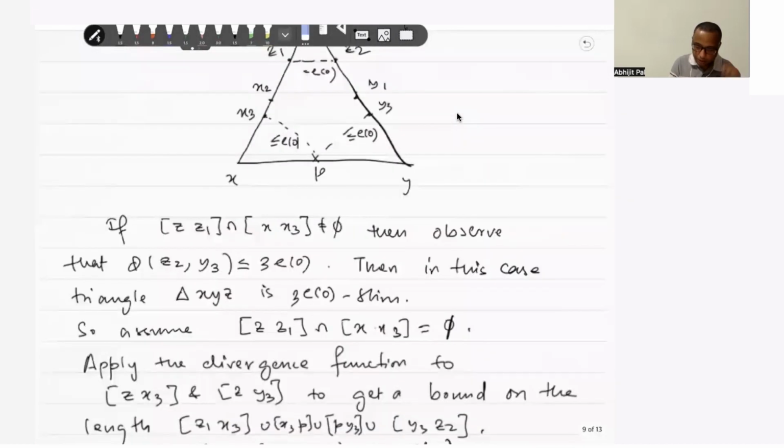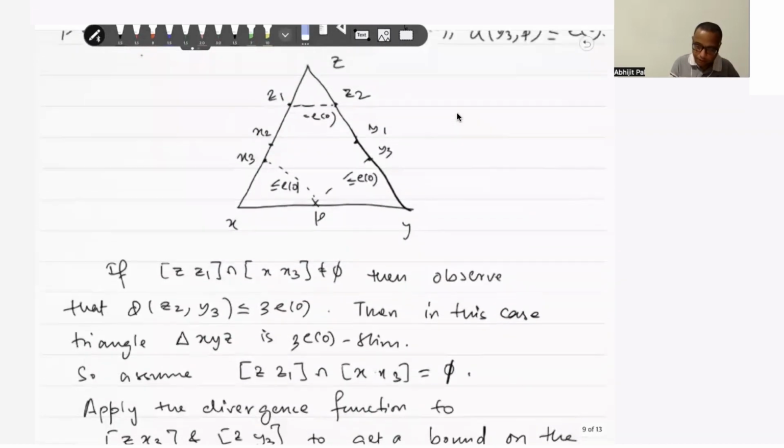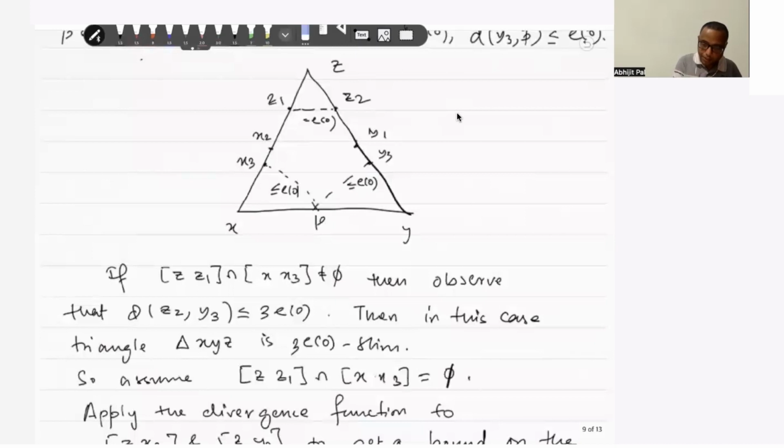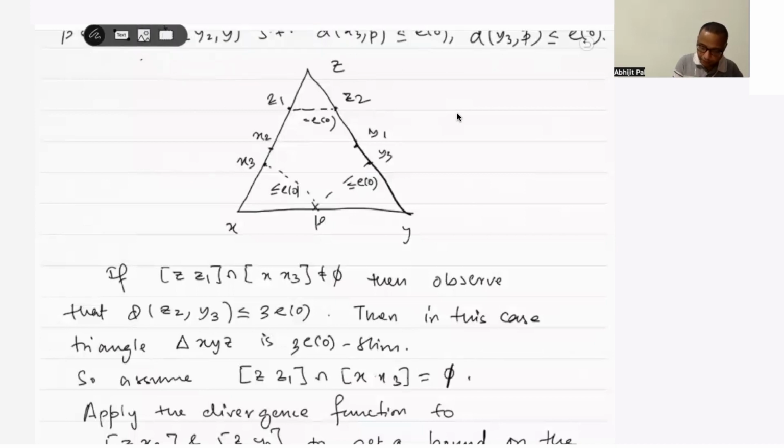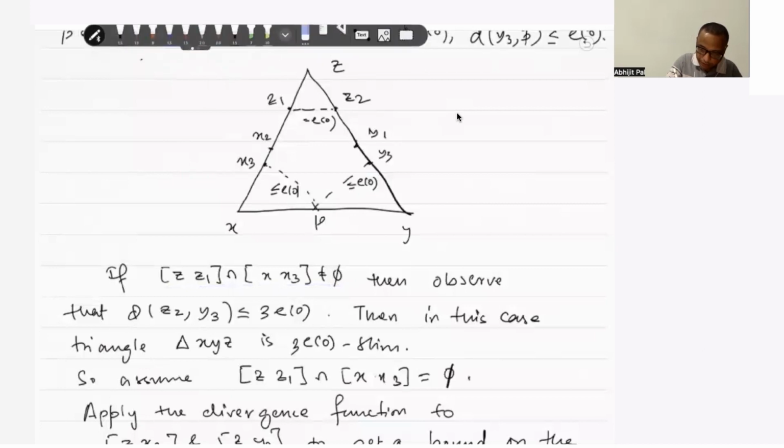So now, again, suppose this intersection is not empty. So this point Z1, in this picture, will be somewhere here.